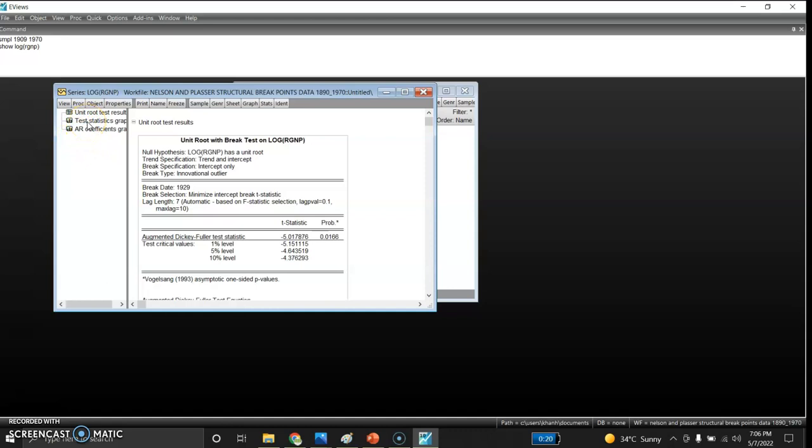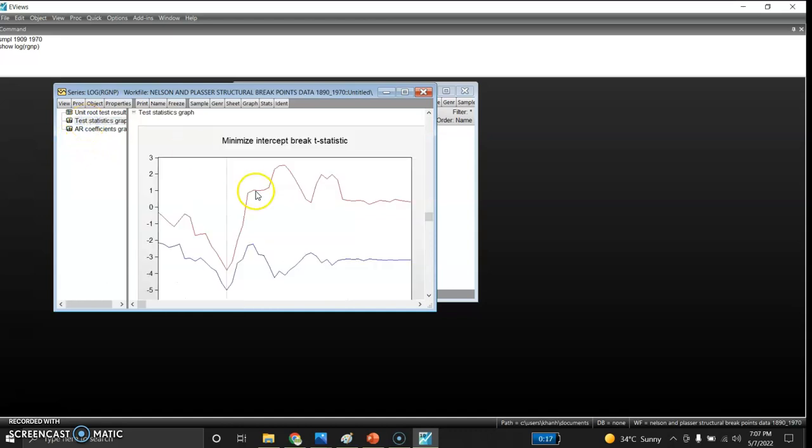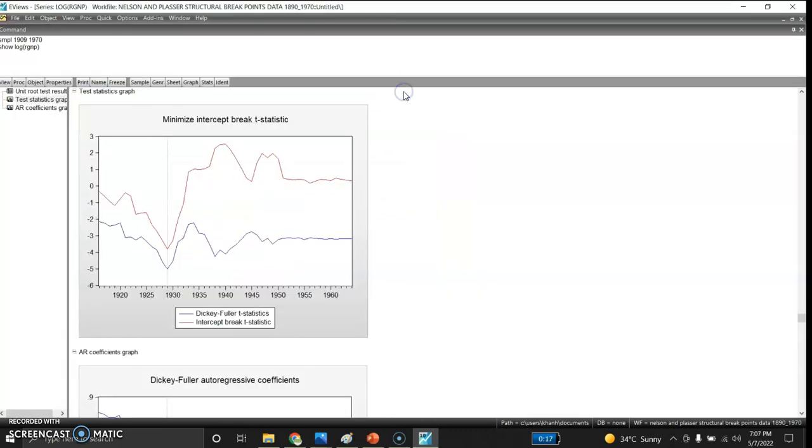This test also shows us the Dickey-Fuller T statistic and the intercept break T statistic. This blue one is the Dickey-Fuller T statistic, and this red one is the intercept break statistic.